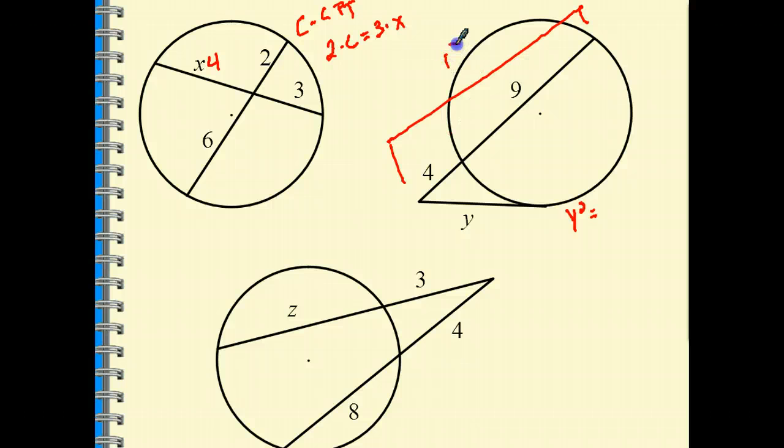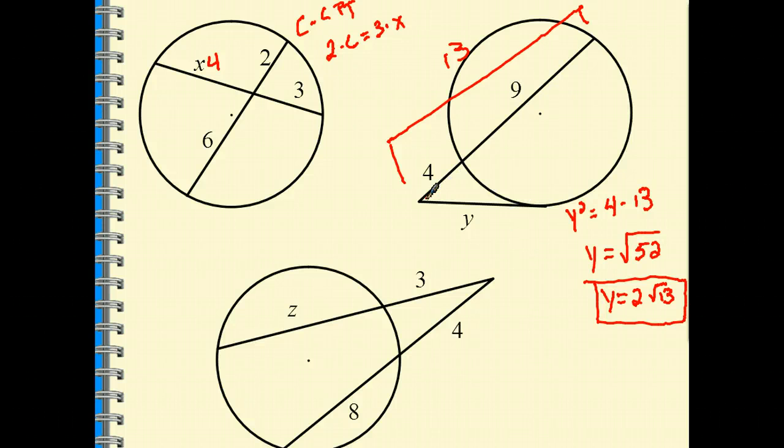The entire thing is 13. So y squared will equal 4 times 13, which gives us y equal to radical 52, because 4 times 13 is 52. This simplifies to 2 radical 13. So that segment is 2 radical 13, given that from here to the edge of the circle is 4, and this chord across the circle is 9.